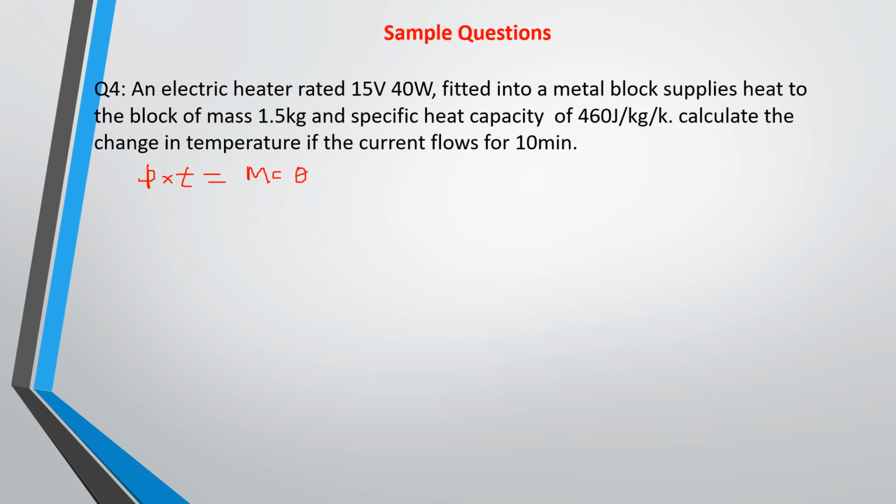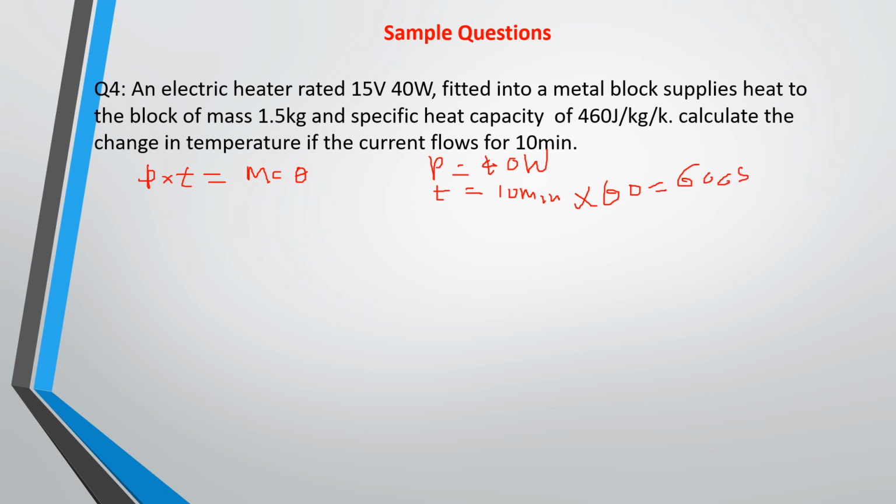So for this particular problem, you are given power to be equal to 40 watts. Then you are given time to be 10 minutes. So just convert this time to seconds by multiplying by 60. That will give you 600 seconds.